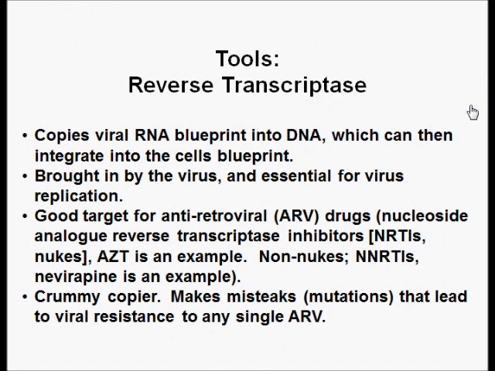Okay, so we have our reverse transcriptase, again, viral RNA to DNA. Then we integrate the viral DNA into the host genome. We named a few tools, but for reverse transcriptase, the important thing about this tool is that it creates a high degree of mutation, a high degree of variation between viruses.